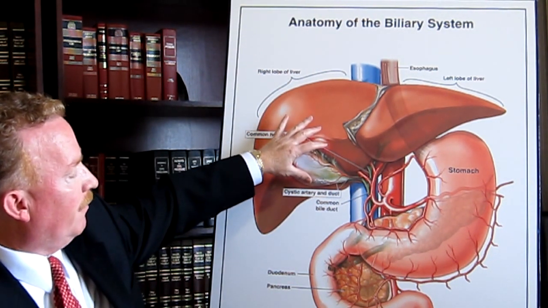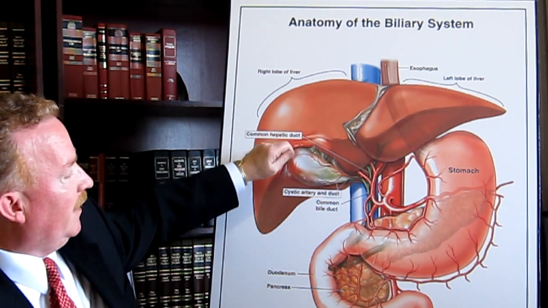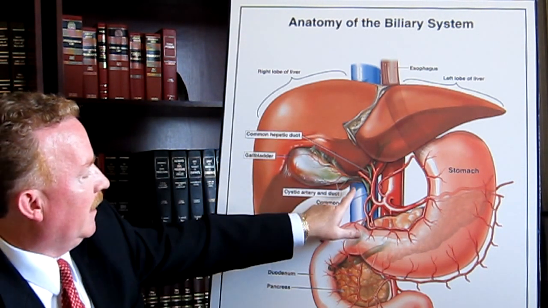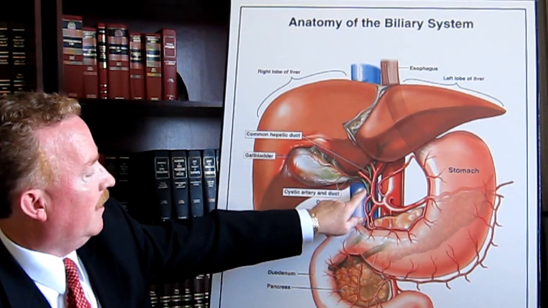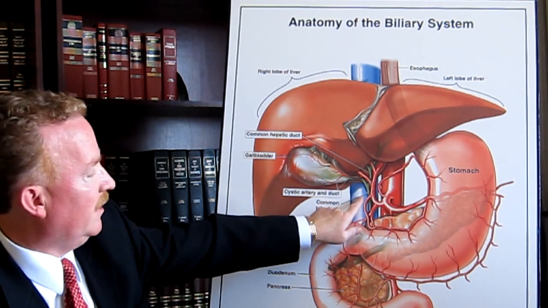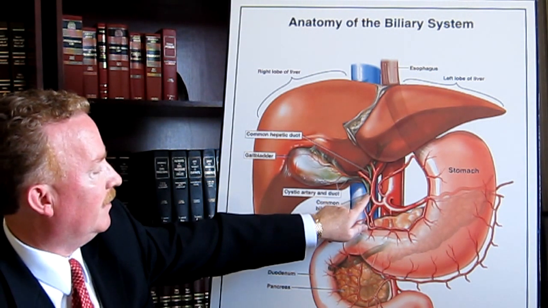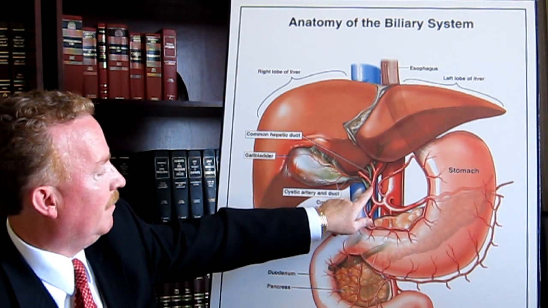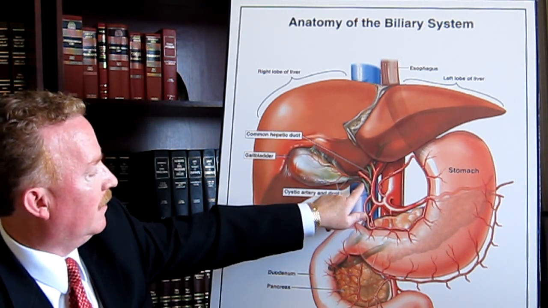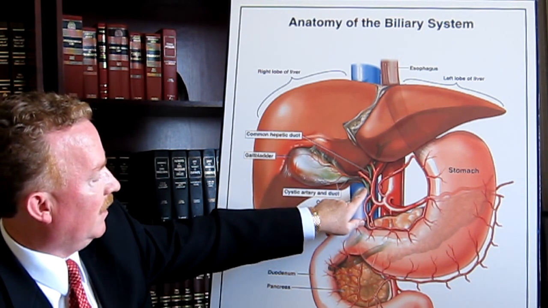During gallbladder operations where the doctor fails to properly identify and cut the cystic artery and cystic duct, an unintended injury usually occurs to the common bile duct. The doctor often will place a clip on the common bile duct and then cut the common bile duct at this location.